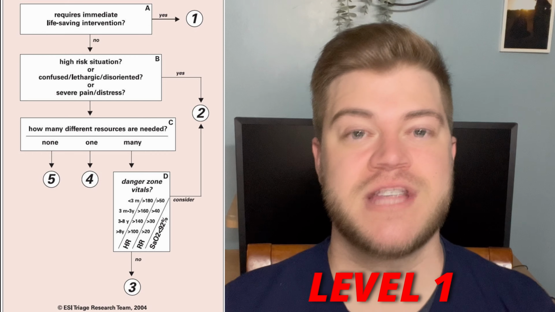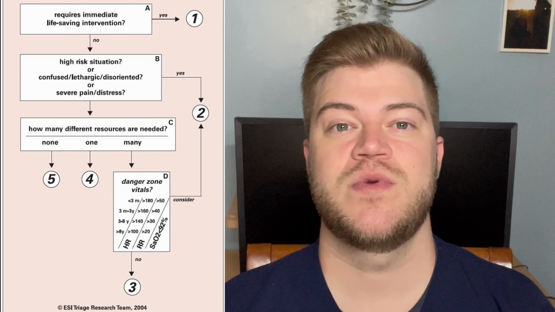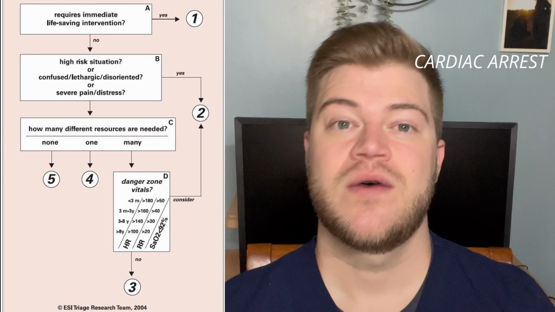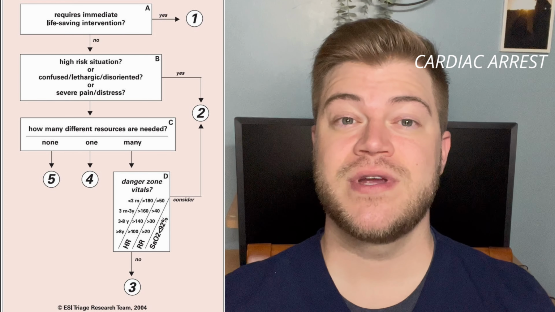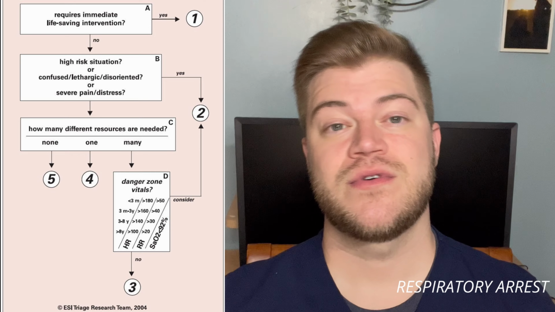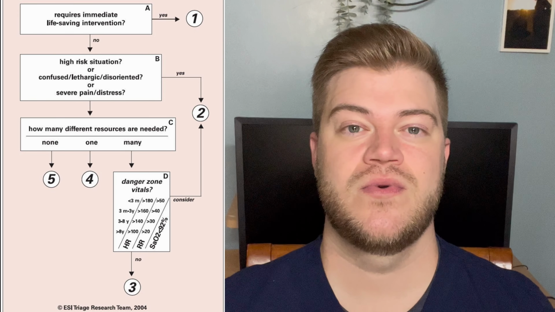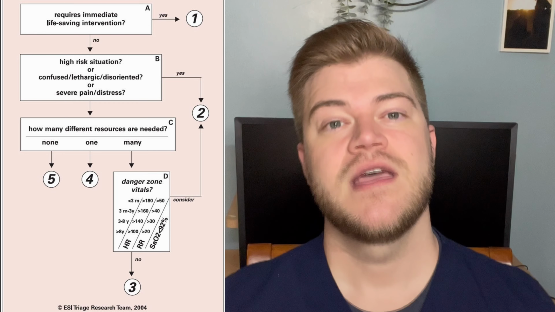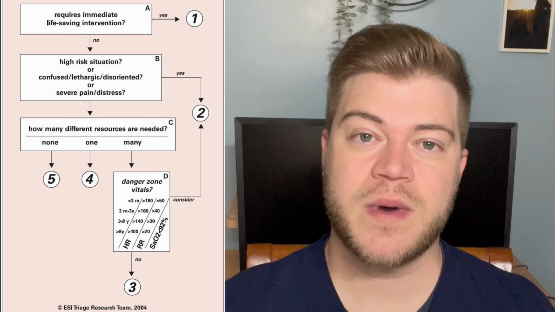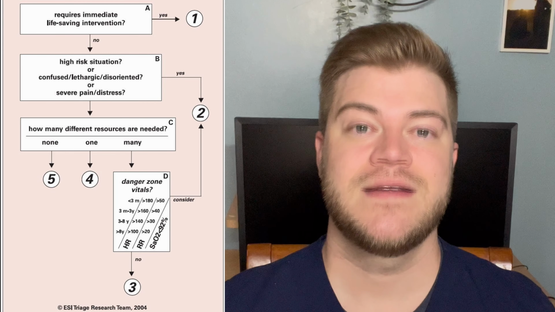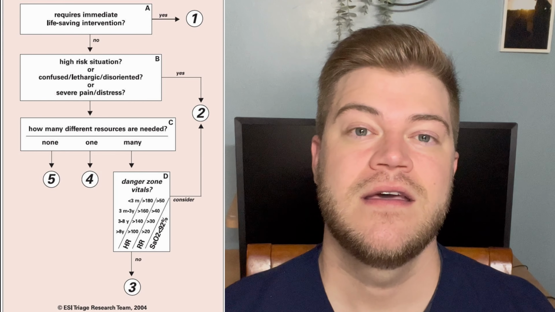As you can see, level 1 would be patients that are requiring immediate life-saving interventions. This would be a patient who is having an active cardiac arrest or an active respiratory arrest. If you're losing your respiratory drive because you maybe overdosed on drugs, you're completely unresponsive, or your GCS has declined to like an 8 or 9.